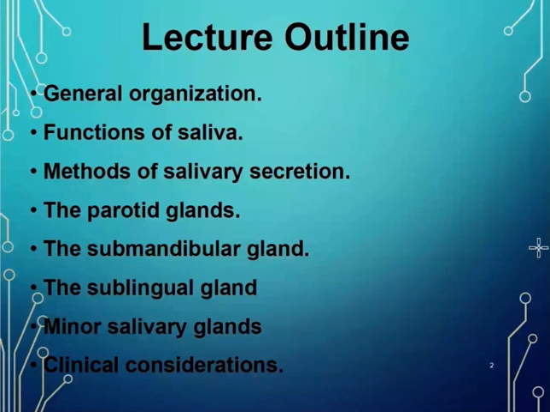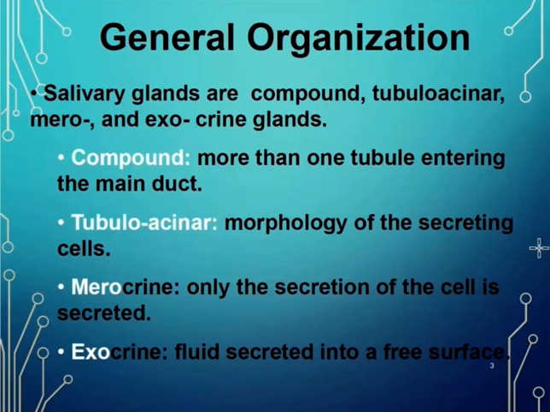As usual, salivary glands, the name relates to saliva, to the secretion of the saliva. These are compound, tubuloacinar, merocrine, exocrine glands, which the ducts open into the oral cavity.